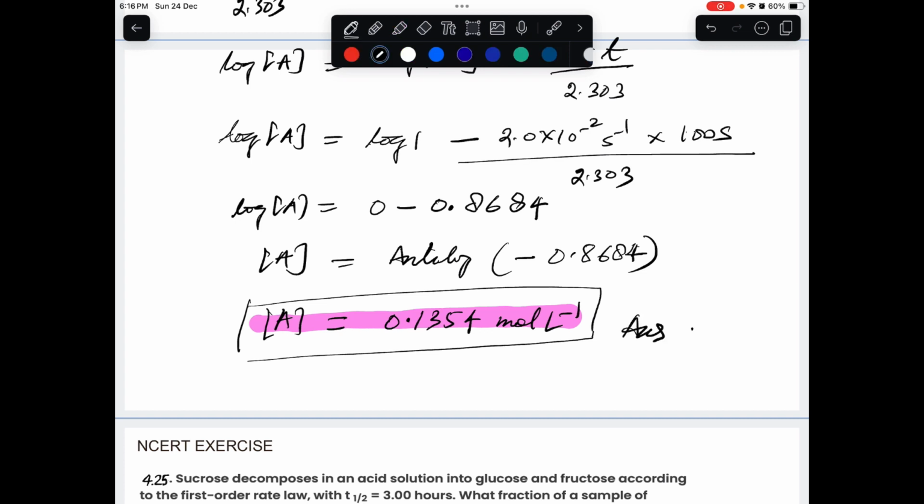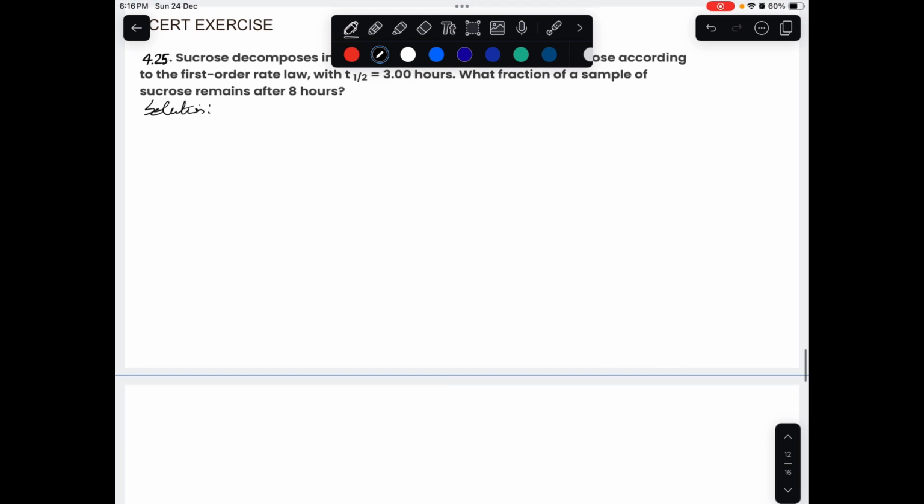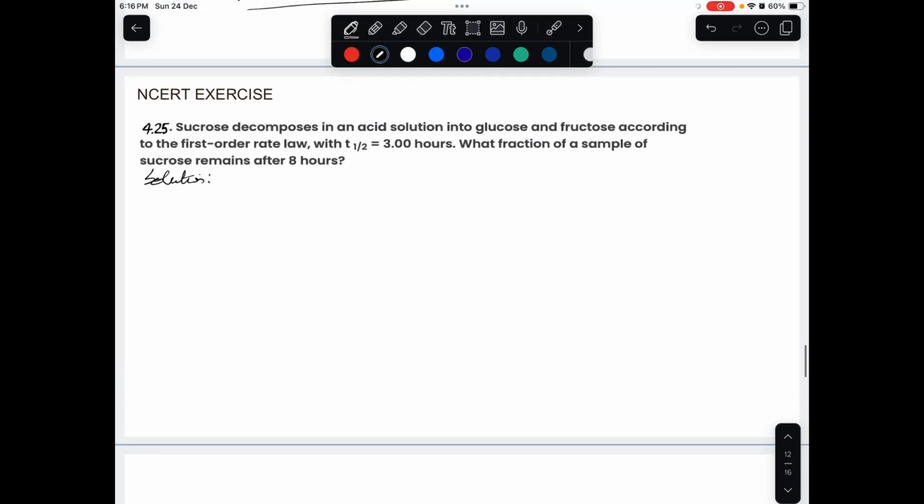Come to the problem 4.25. Here they have given sucrose decomposes in an acid solution into glucose and fructose. So the equation they have given here is sucrose undergoing decomposition and converting into glucose and fructose.